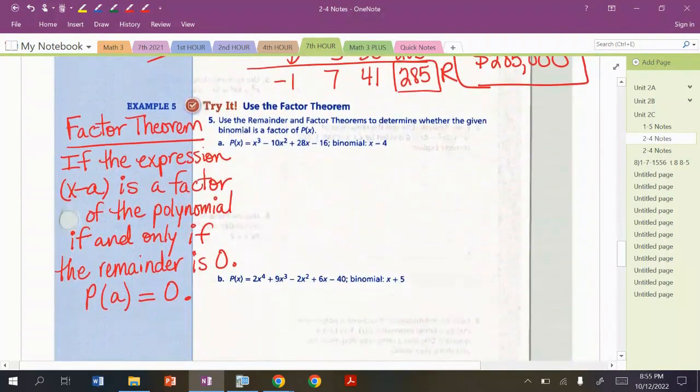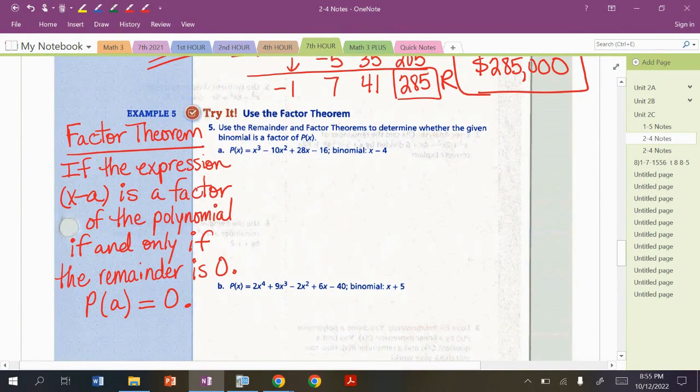And that's the last example. The expression is a factor if and only if the remainder is 0. That is a very important statement. If it's not 0, it's not a factor. So let's look at the question here. P of x is my polynomial. I am asking, is x minus 4 a factor? Remember, this is a factor, and when you set up synthetic division, it is the opposite.